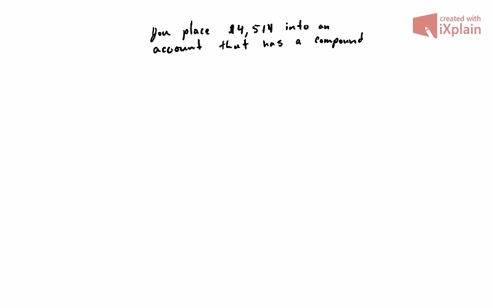Another aspect is finance. Suppose you put an initial investment. Let's say you place $4,514 into an account that has a continuous compounding rate of, let's say, 0.3%, mainly because banks, the lower the amount of investment, they're not going to give you a really good compounding rate.